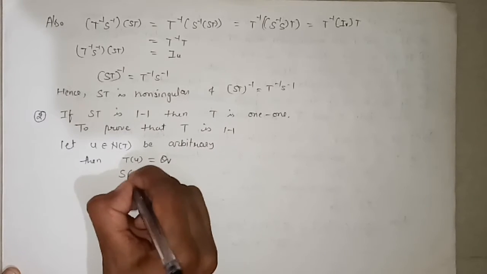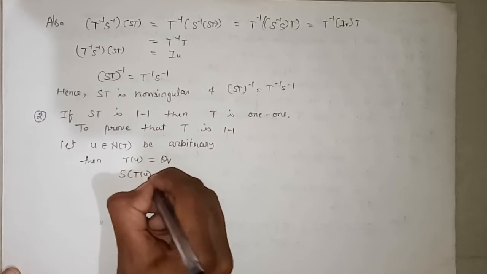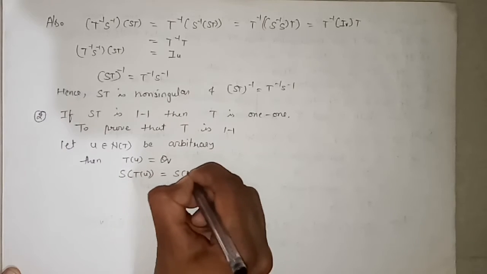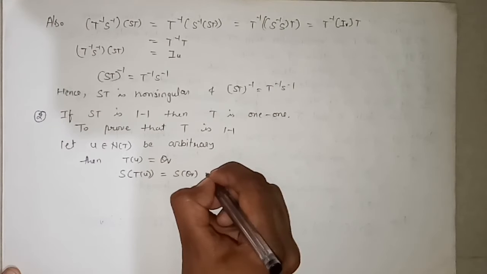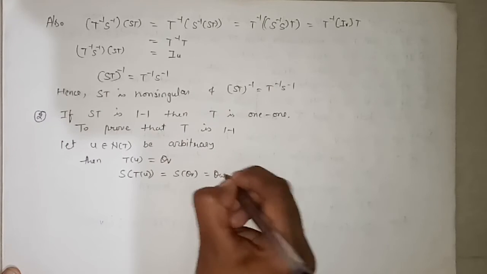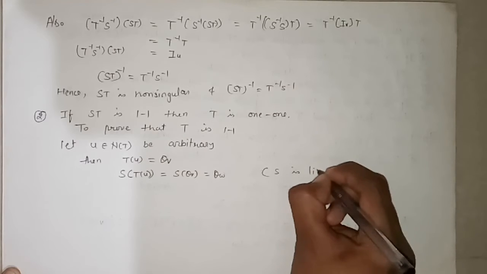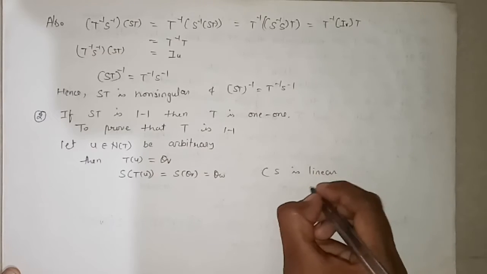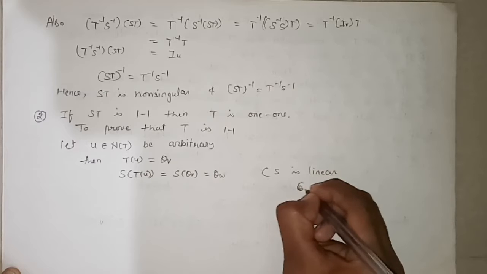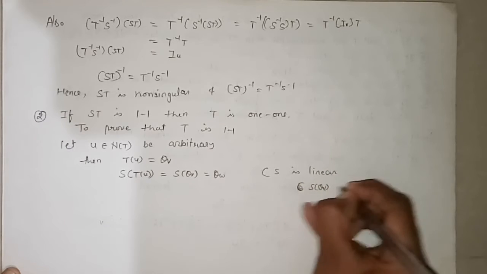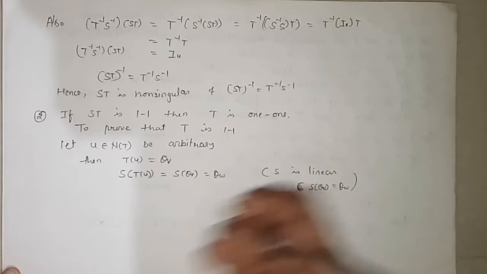Now taking the composition of S on both sides, this becomes S of theta V, and S of theta V is nothing but theta W, since S is linear.